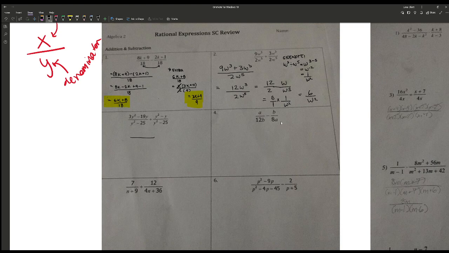So, moving on to this one, as you can see, we have some differences going on. Basically, this is a matter of multiplication. So, right now, we have a over 12b minus b over 8a is equal to what?